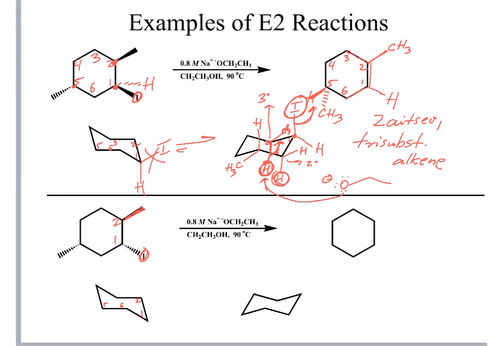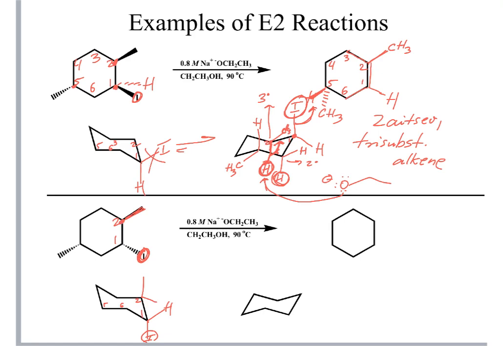Carbon number 1 is pointing down, so axial bond down and equatorial up. The leaving group iodo is pointing down, hence it is in axial position, and hydrogen is up. This is my reacting conformation because the leaving group is axial. At the carbon next door, I have axial and equatorial bonds.